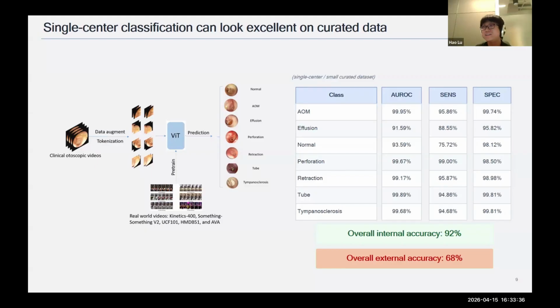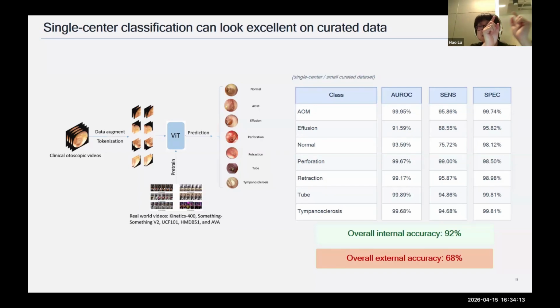Oh, thank you for asking. I forgot to introduce this in my presentation. We do a lot of tests there, and we find a lot of things can cause the difference. The most tricky one is the color of the cover of the otoscope. When we do the otoscope exam, we don't want the otoscope camera to touch the skin of the patient, so we put a cover on it.